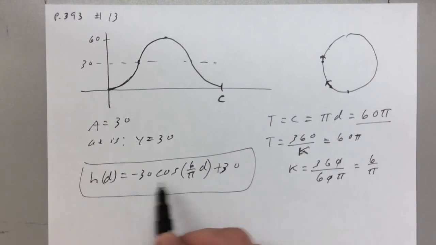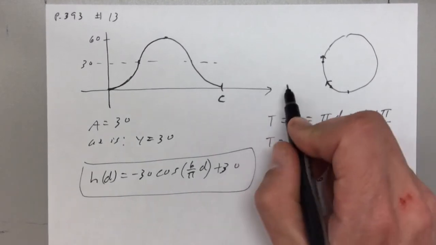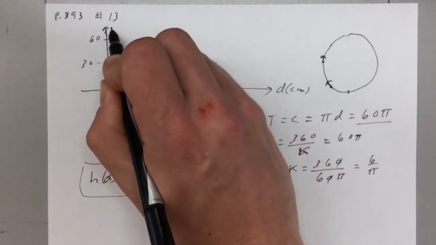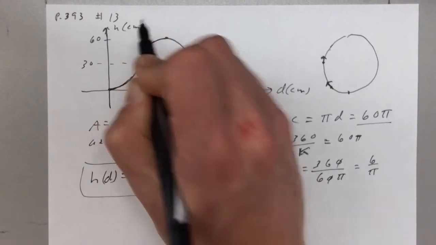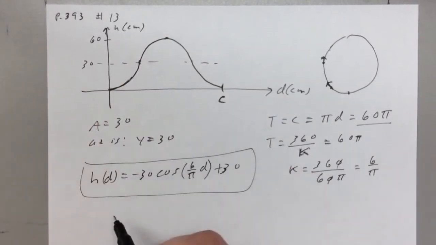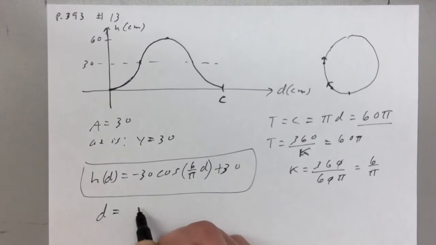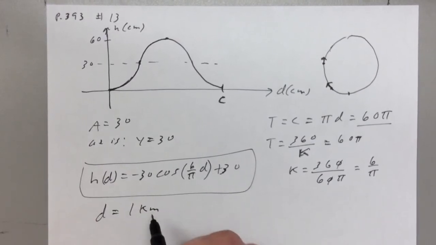The distance in this equation is measured in centimeters. So on this axis there's a distance in centimeters, and there is the height in centimeters. But we're asked to find how high it is when the distance equals 1 kilometer.